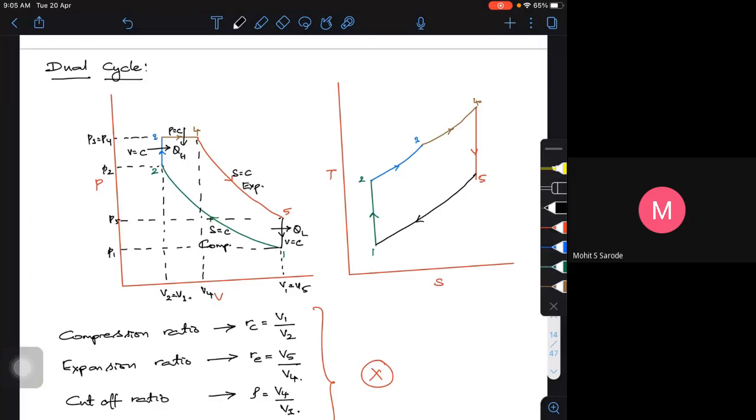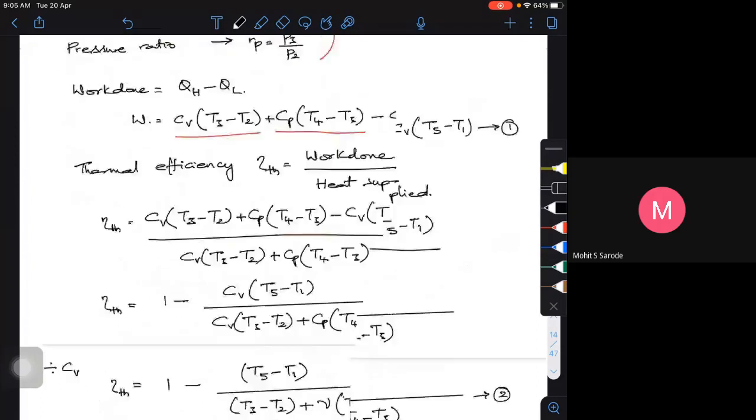At the same time, heat rejection takes place at constant volume between 5 and 1. So I am going to write the expression for the work done.